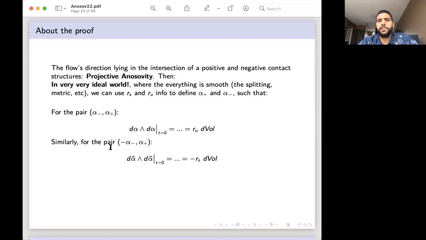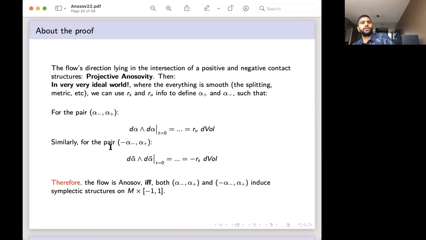And it's clear that d alpha and d alpha tilde being symplectic is equivalent to RU being positive and RS being negative, because we get closedness automatically when the two-form is exact, right?